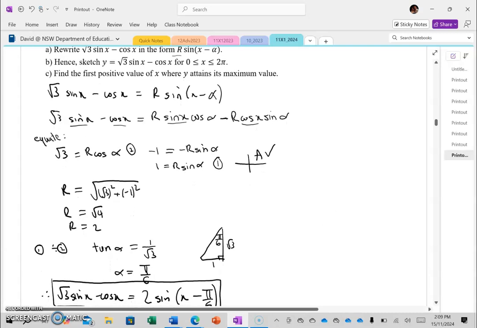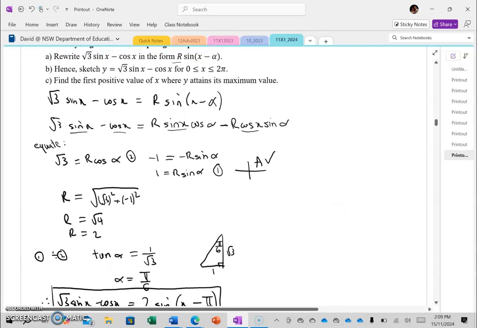The second part says, hence sketch that function, which is the exact same as the previous question, with the domain 0 to 2 pi. The key thing to do part B, we're sketching, is to use our answer from part A, y equals 2 sine x minus pi on 6.